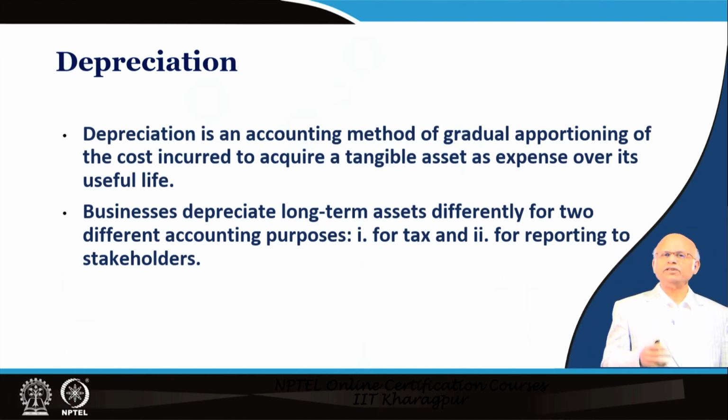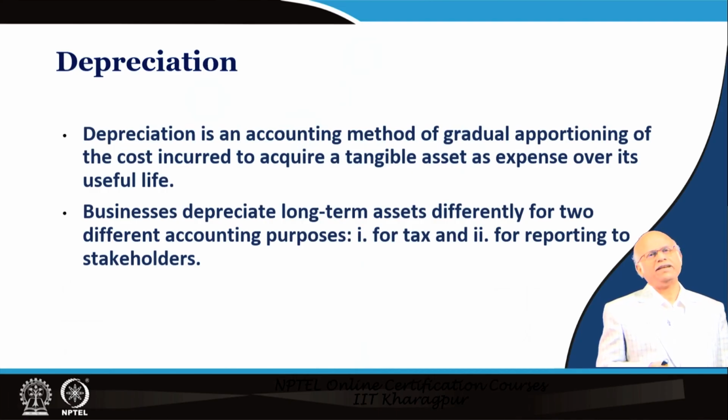So, suppose you are using a computer or say pollution control equipment, and the value is 1 crore rupees. In a particular year, if you follow the income tax rule, the depreciation rate may be 33%. So, 33 lakh rupees will be allowed as expense, whereas for submitting to ROC and other places, you may allow only 10% depreciation, because the expected life is say 10 years.